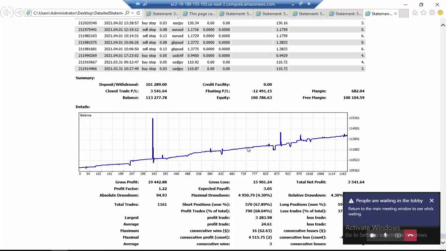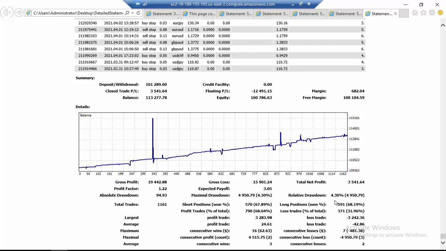Okay, now how do we know the actual return on our investment? Now let's see it. If you look at it, for 2 months of this software running on this account, the software has traded 1,161 trades, and it has traded 570 short positions, of which it won 67%, and it has traded 591 long positions, of which it has won 68%.